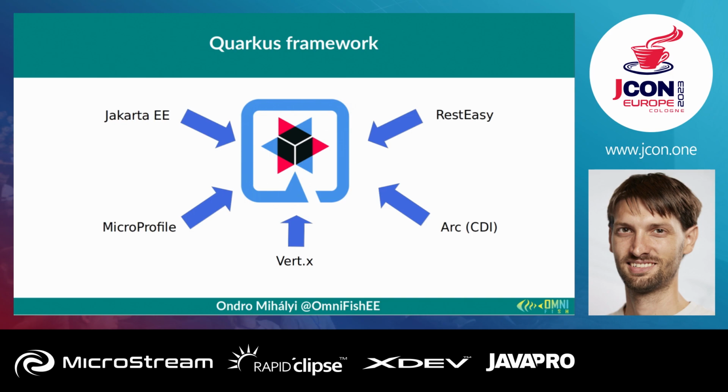Quarkus does a lot of things at build time, so it parses your code, your configuration, and creates some bytecode and some optimizations that happen at build time, so they don't have to happen when you start the application. They are already prepared and the application starts faster than if these optimizations were happening in the beginning of starting your application.